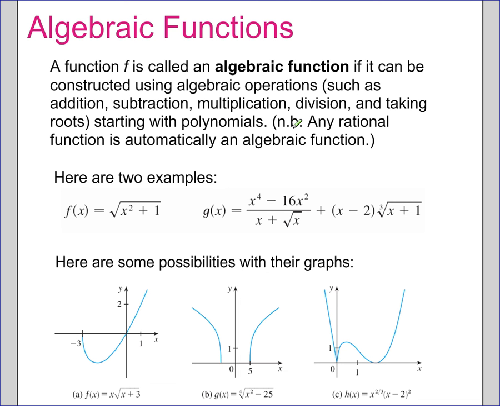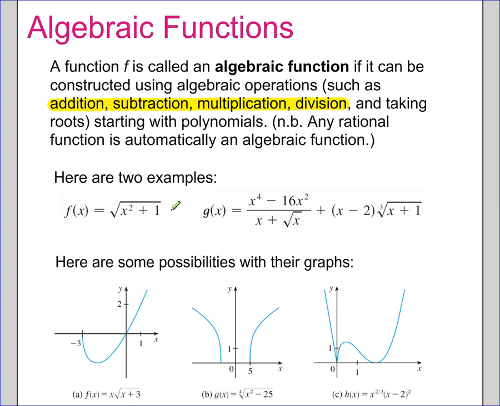In this section, we also talk about algebraic functions, and algebraic functions are constructions that use operations like addition, subtraction, multiplication, taking the powers or roots, and the like. Here are some examples, like a polynomial function with a square root over the top of it.